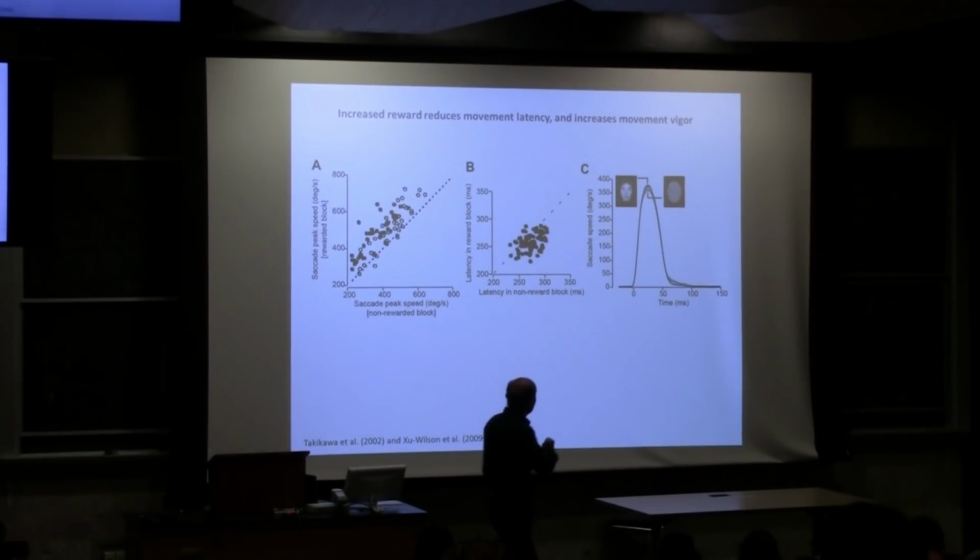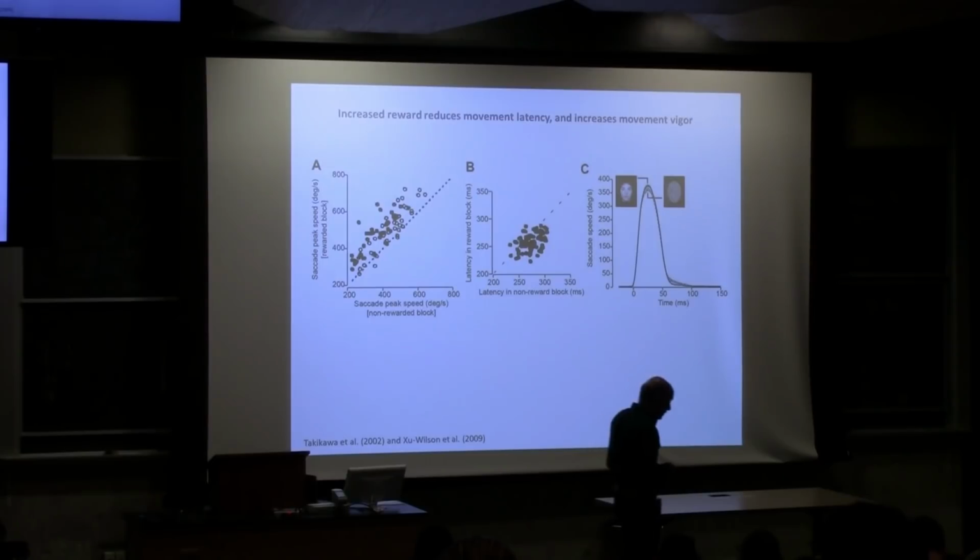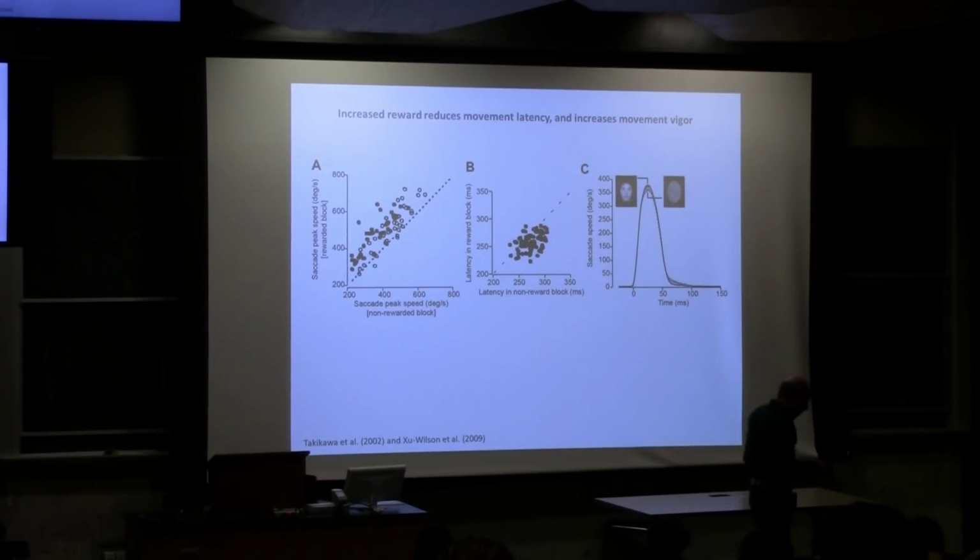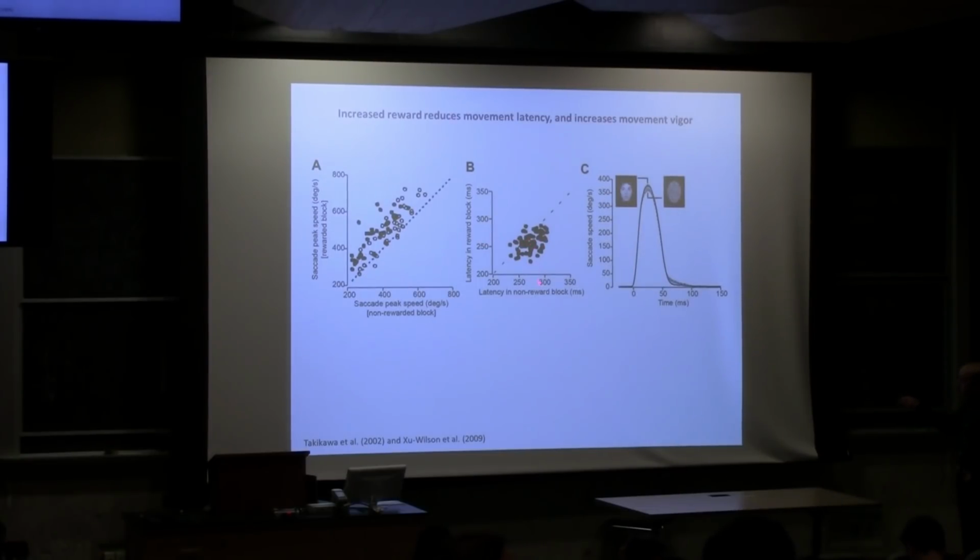But more interestingly for us is the reaction time. The reaction times are shorter when the movements are rewarded versus when they're not. So you see it here: these numbers are smaller than these numbers. Latency in the non-rewarded block is longer, which means that the more rewarding the stimulus is, two things happen: the sooner you make the movement, and the more vigorous that movement is.